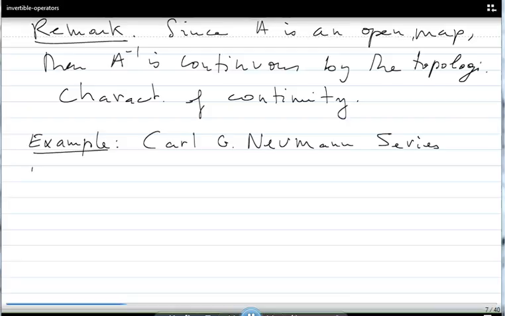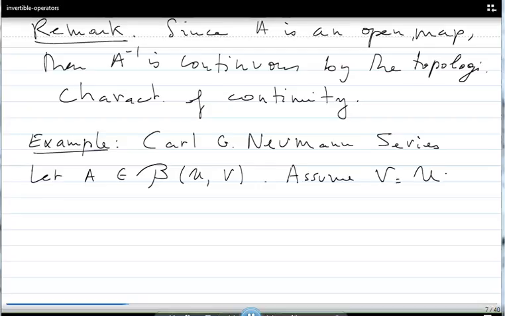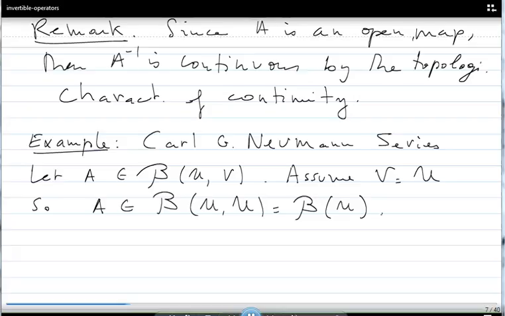In any case, let A be a bounded operator in B(U,V), where U and V are two Banach spaces. Let us assume in this case that V is equal to U, because we're going to use the composition of the operator A, and therefore, just to make it easy, we'll assume that V is equal to U. So A is a bounded operator in B(U,U), which we said we'll write as B(U).